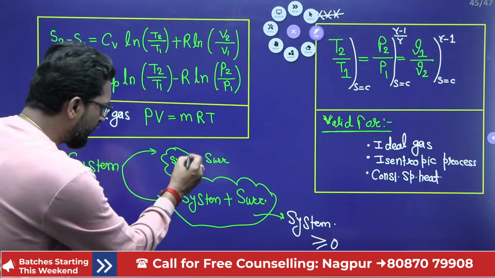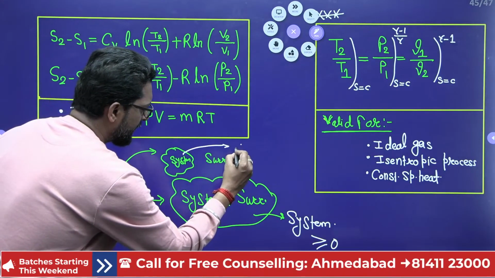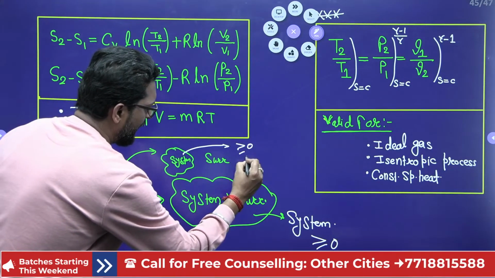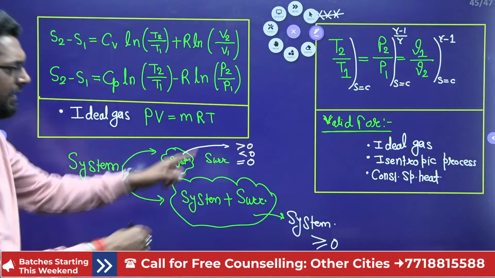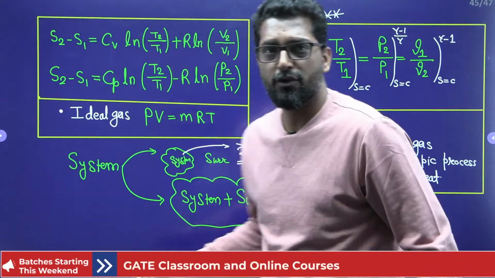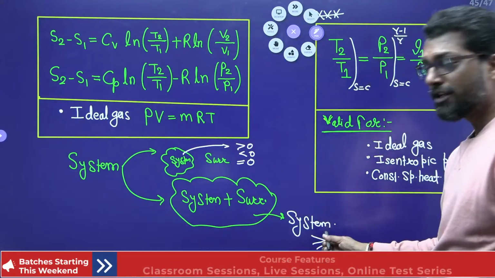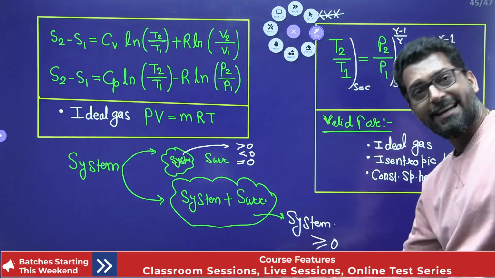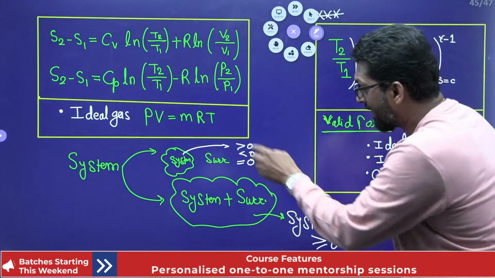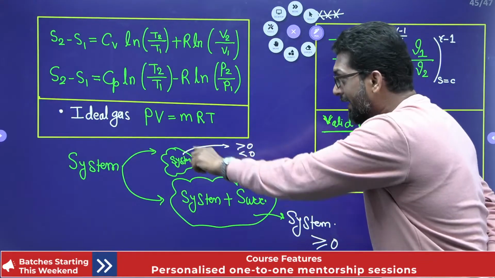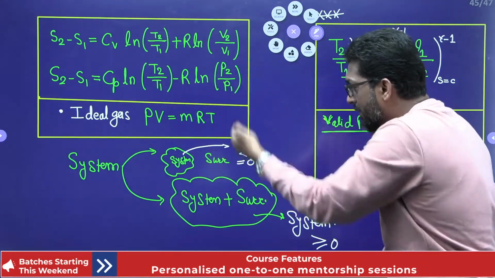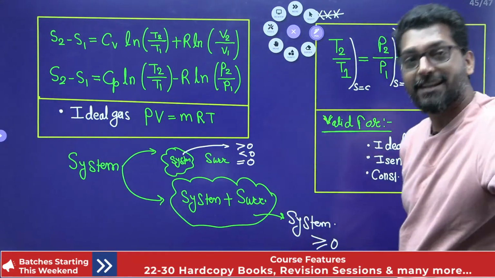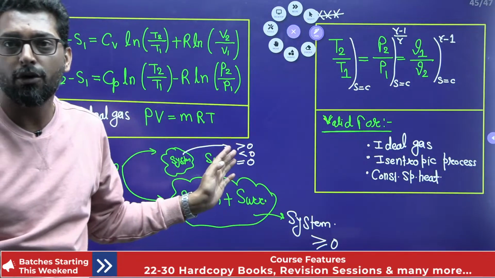But in the other case, the change in entropy is greater than 0, less than 0 or equal to 0. All the cases are possible. Doesn't matter which system you apply. In this system, it is greater than or equal to 0, not less than. Why? Because it is global and this is local. So locally, system entropy can be increased, decreased or equal to 0. But globally, entropy always increases. That is called the principle of increasing entropy.